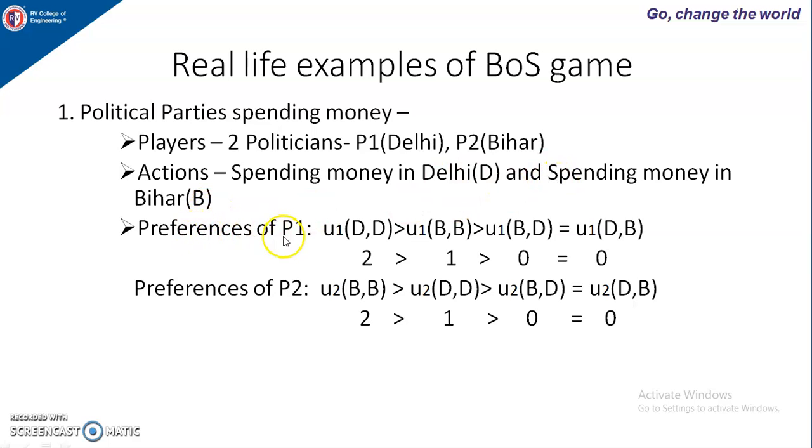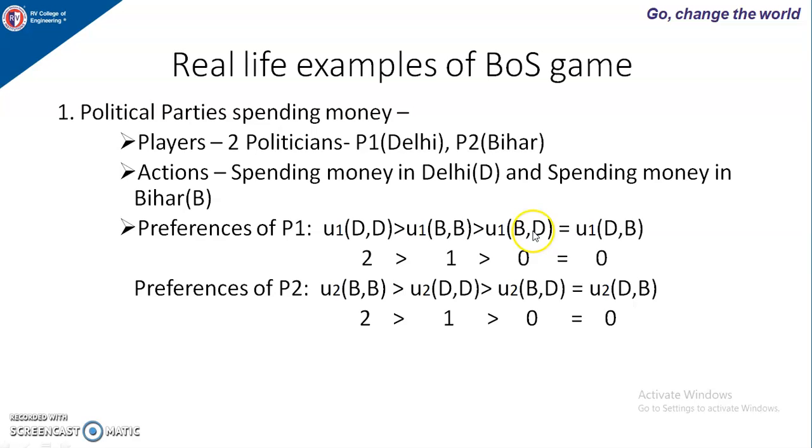The preferences of the player 1 will be, he belongs to Delhi, so he prefers that both of the politicians spend money in Delhi, because he is a localite from Delhi, so he will have more advantage if the other politician also spends money in Delhi, over he as well as the other player both spending money in Bihar.